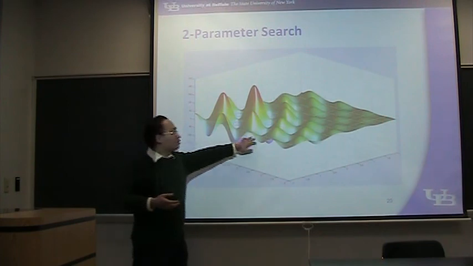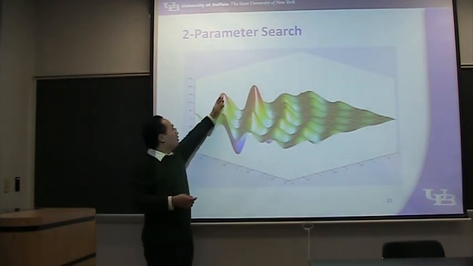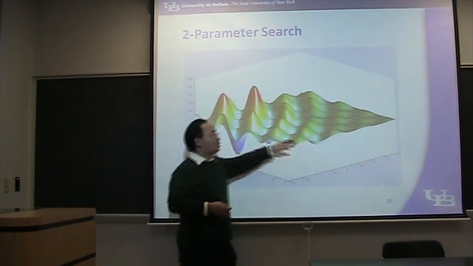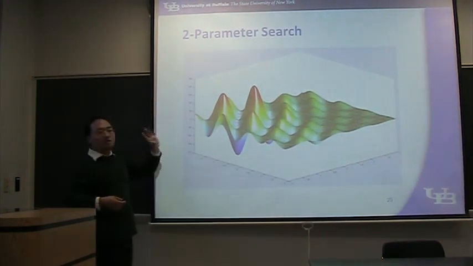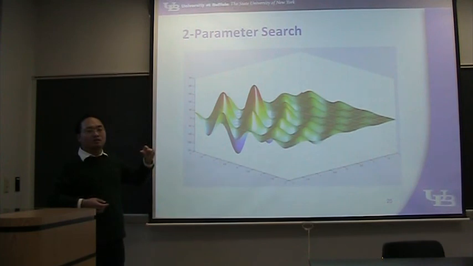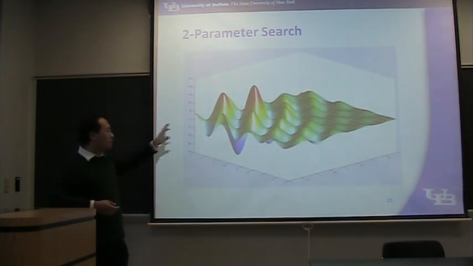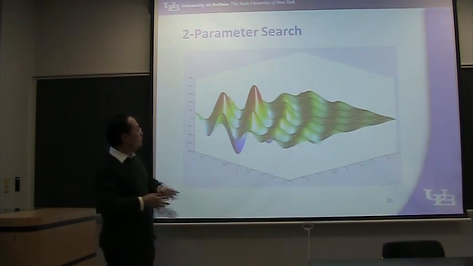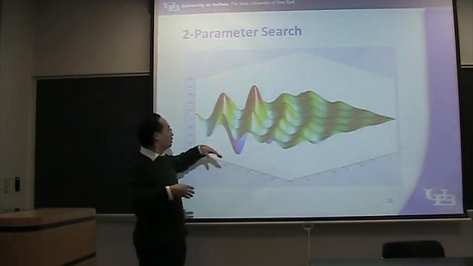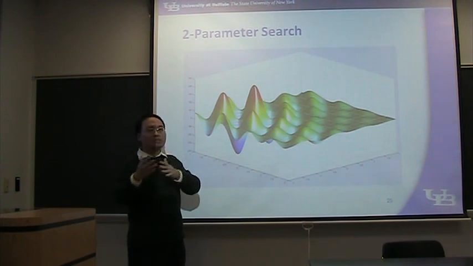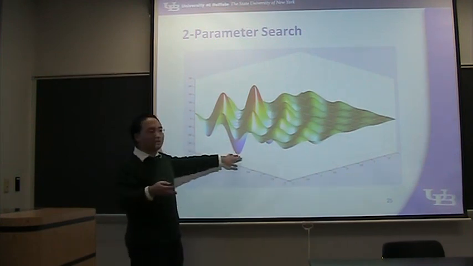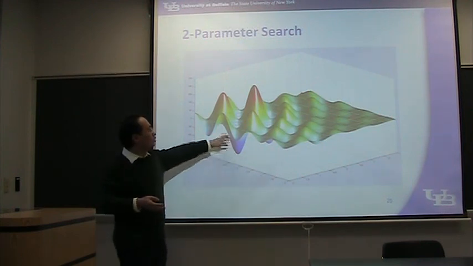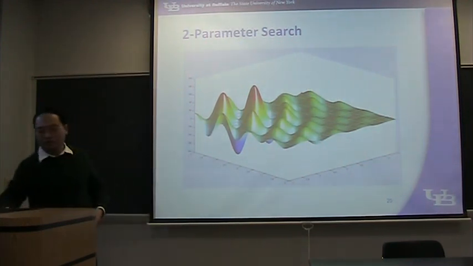But let's assume this function: you have one parameter, the other parameter, and the z value means the result of the objective function. Now let's assume we are trying to find the smallest objective value. How do you perform the search?